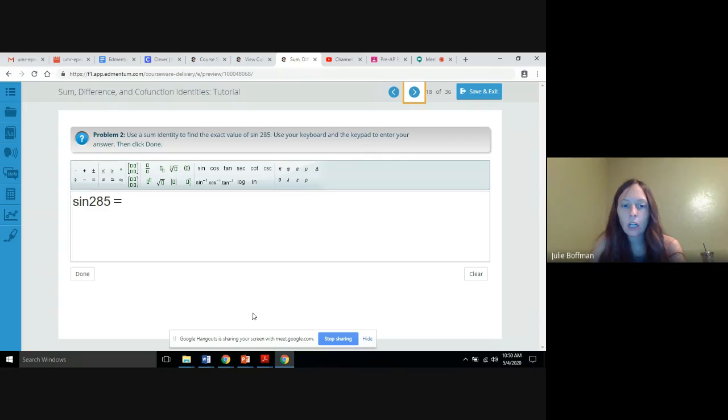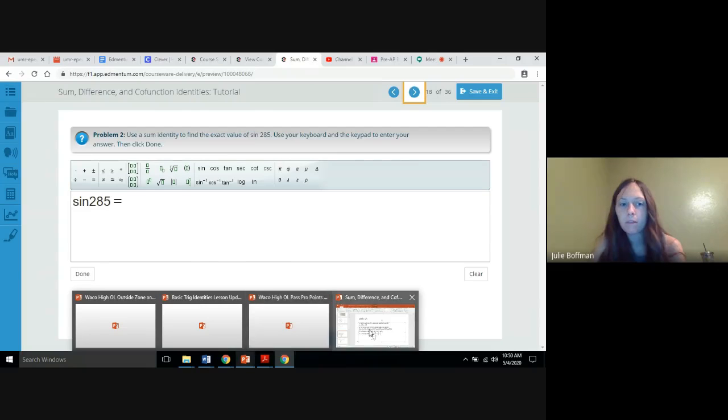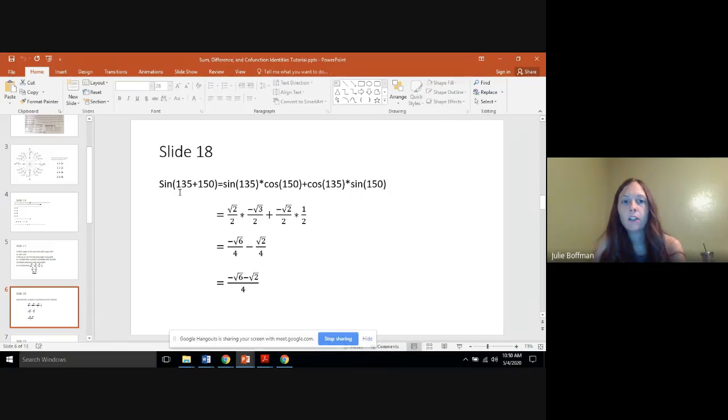Now that you've tried it on your own, we can check it. I use the same 2 angles, but it's a new formula. All these are switched around and it ends up being negative. These first 2, because it's a positive times a negative, you keep that negative in front of the square root. And then this is also a negative, so that becomes minus.